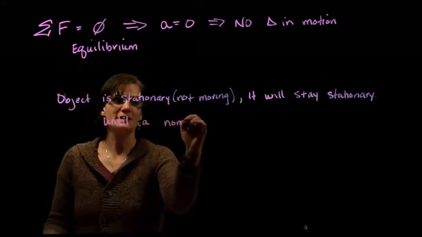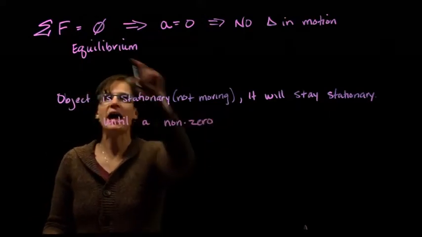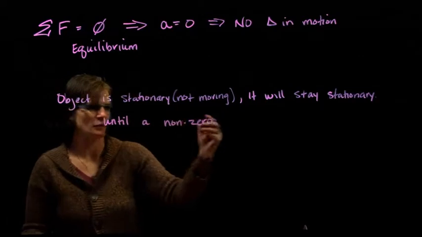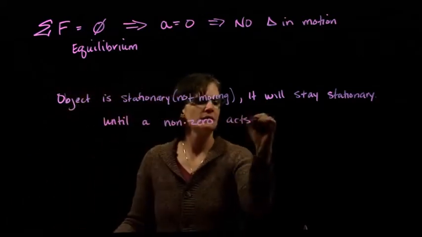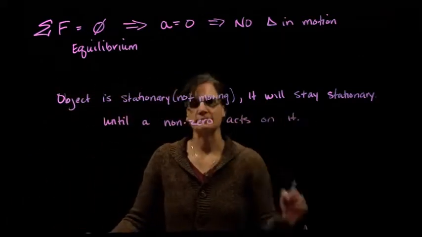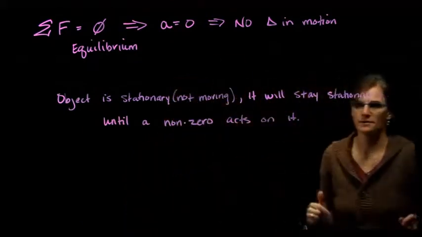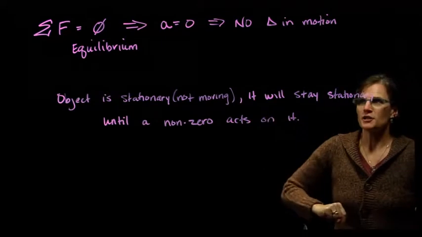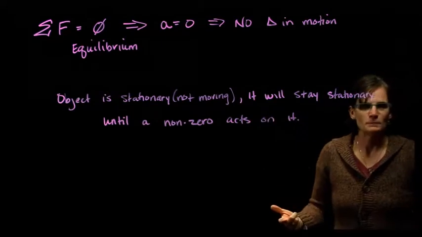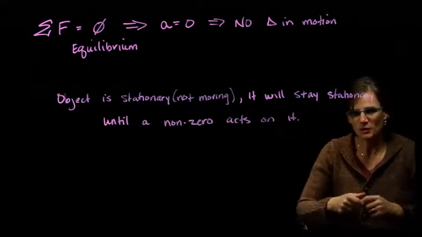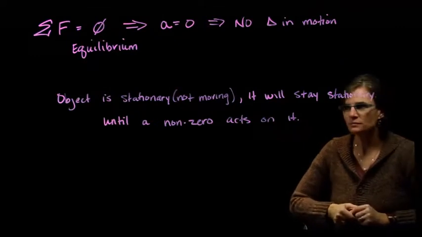And that net force has to be non-zero. I have to have a value for my net force that acts on it. Until that point, the object has 0 net force, which means the acceleration is 0. There's no change in motion.